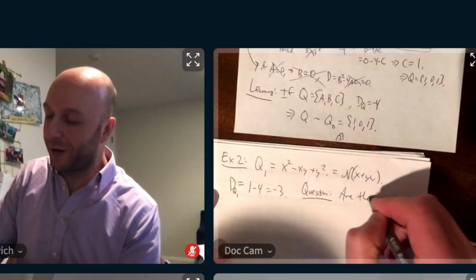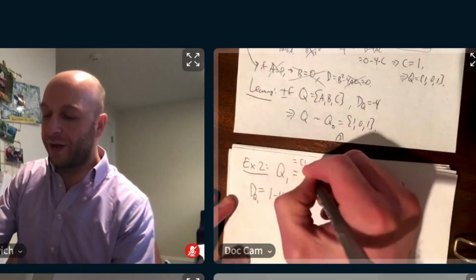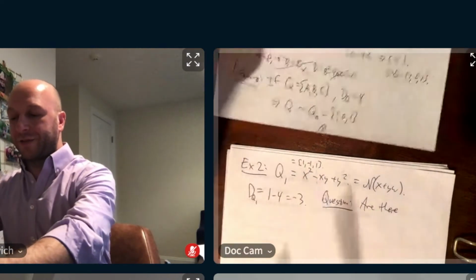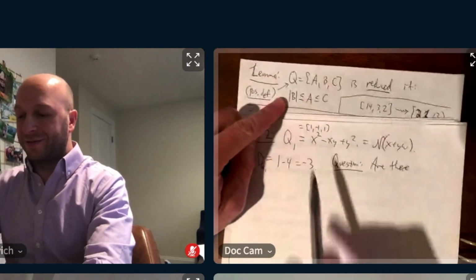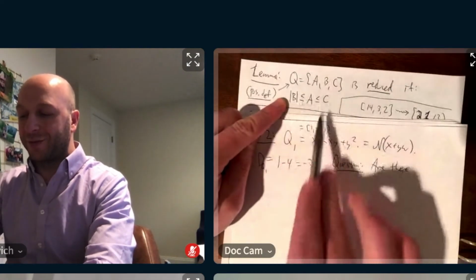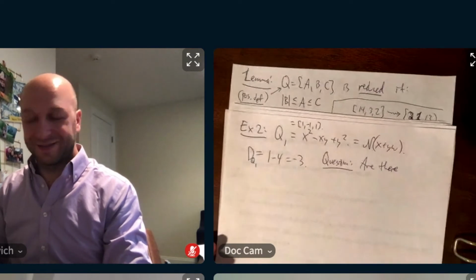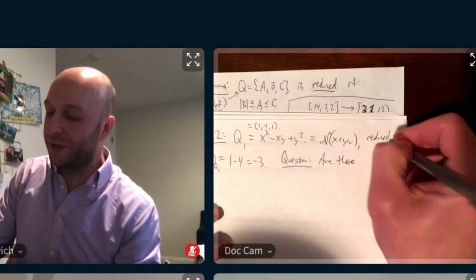And let's do the same computation and learn what the possibilities are. Question: is it reduced, by the way? This is the form 1, -1, 1. Does it satisfy this series of inequalities? Well, they're all 1 in absolute value, and 1 is allowed. So yes, this is reduced. It's positive definite.